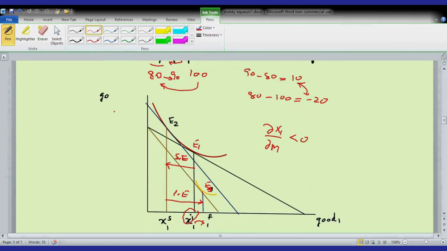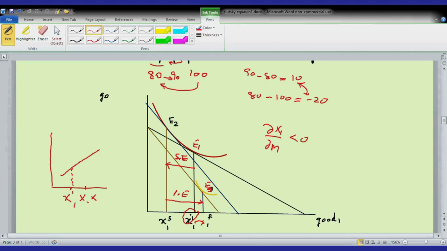If we plot this price quantity demand relationship for this third type of good, we see that the income effect, because it is dominating the substitution effect, makes the demand curve positively sloped, so that initial consumption is equal to x1i, and final consumption is equal to x1f.